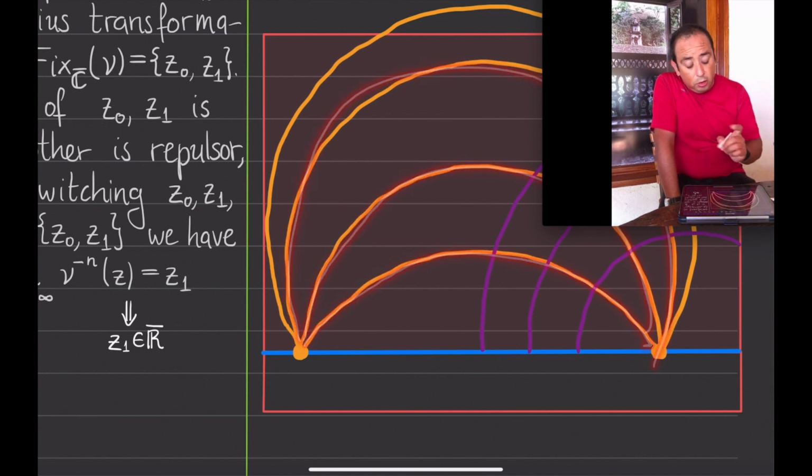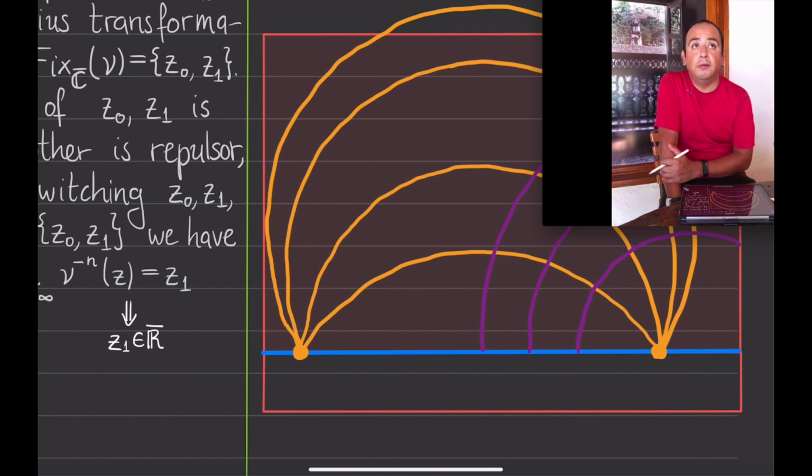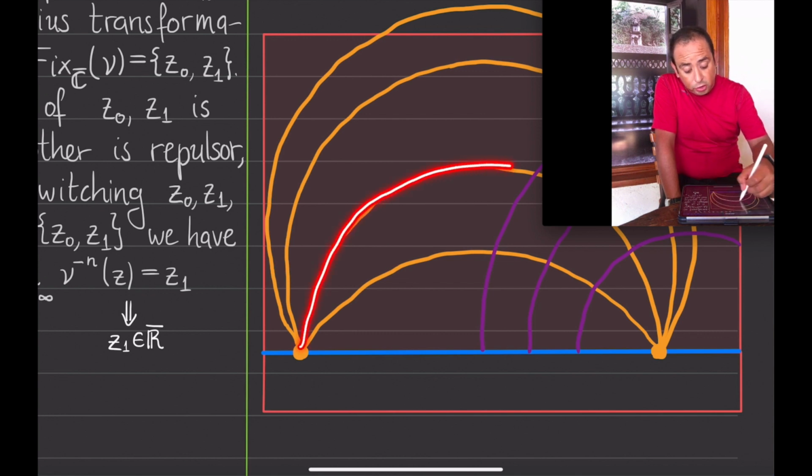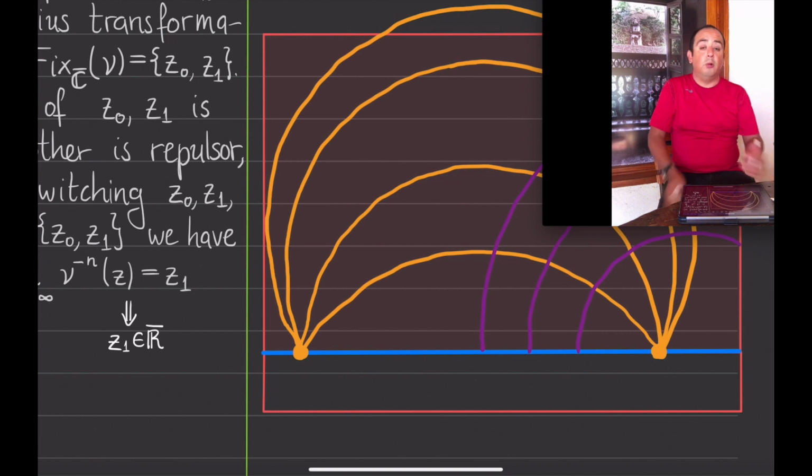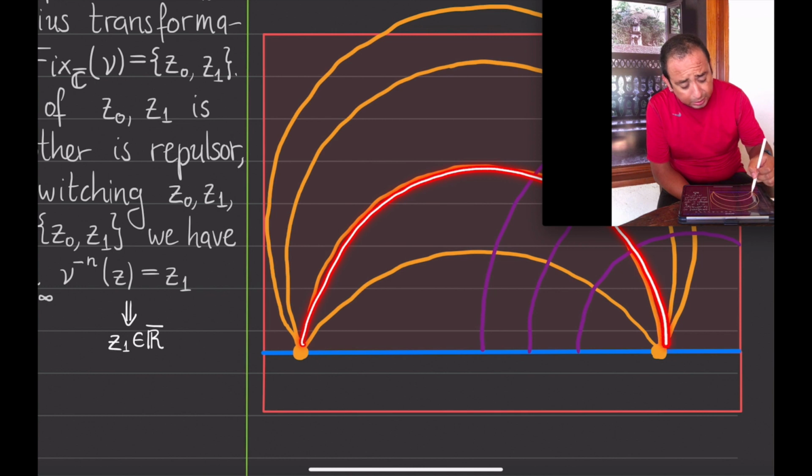By the way, notice that among all those segments of common circles contained in U, exactly one is a shortest curve passing through Z0 and Z1, going from Z0 to Z1, even though Z0 and Z1 sit at infinity. This shortest curve is usually called the axis.